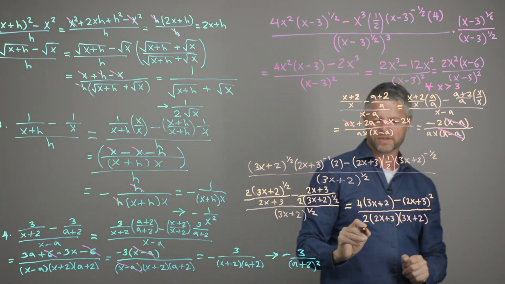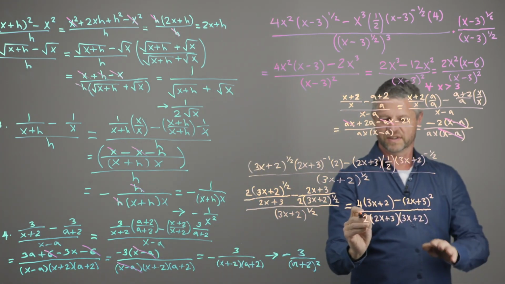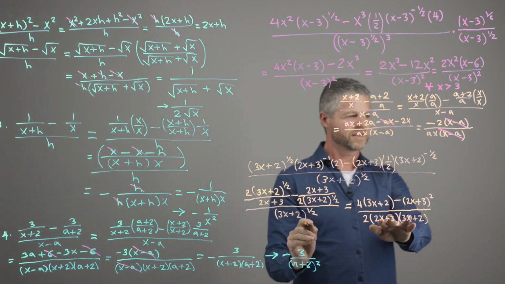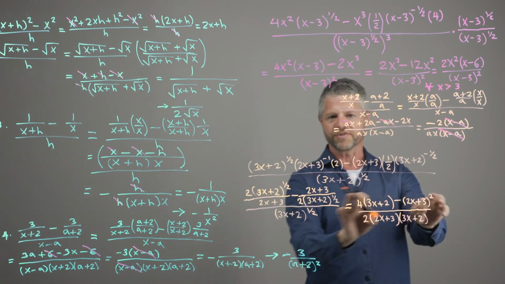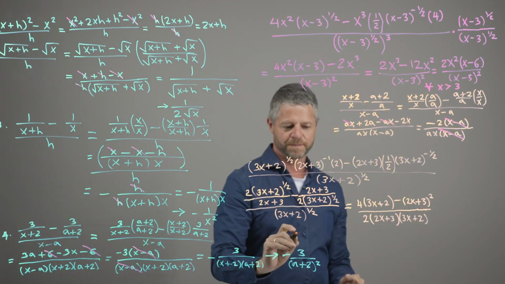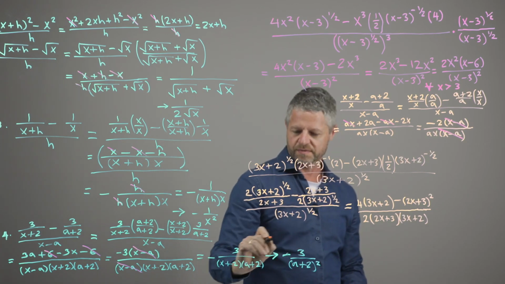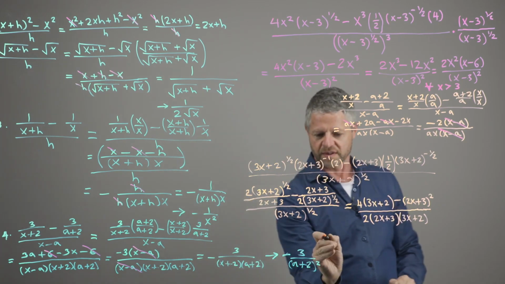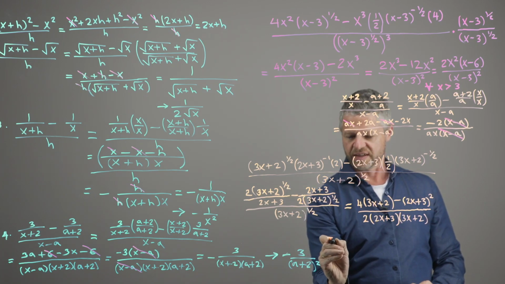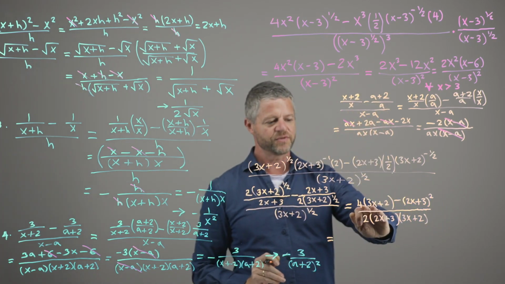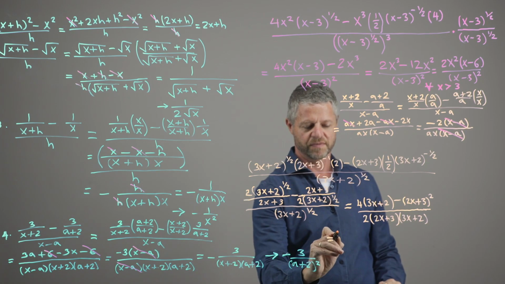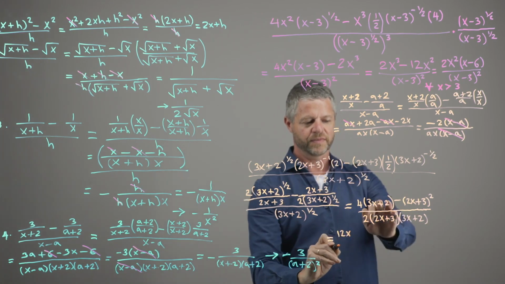Okay, so next let's simplify the numerator. So I think I can go right here. So we're going to have 12x and 8.